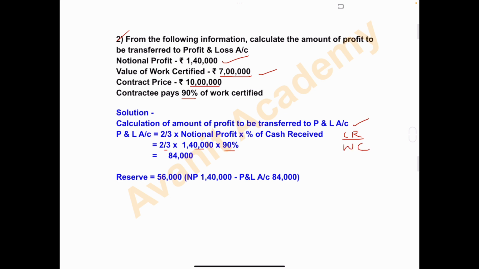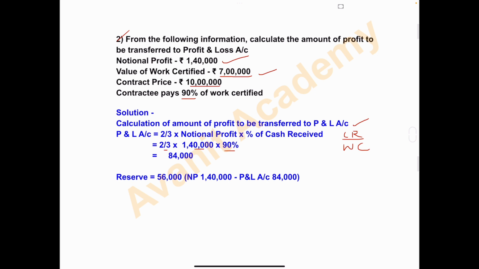Cash received, how will you calculate? 90% of work certified. 7 lakh into 90%, you will get 6 lakh 30,000, divided by work certified amount, which is 7 lakh. By taking this formula, cash received divided by work certified, you can also calculate the amount of profit to be transferred to profit and loss account. I have taken percentage of cash received. So whichever is easy for you, take that formula and calculate the amount.